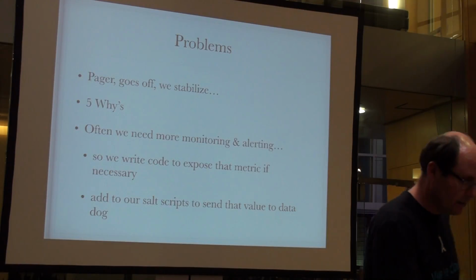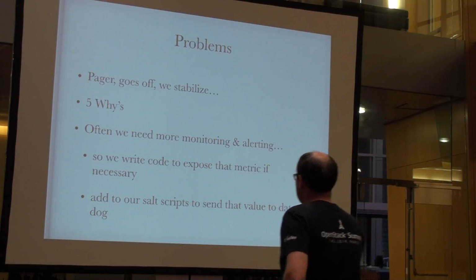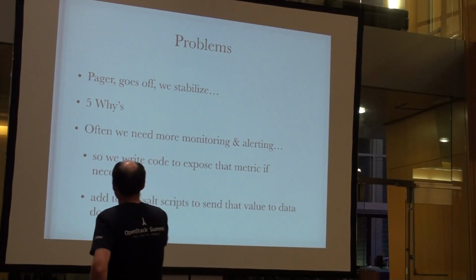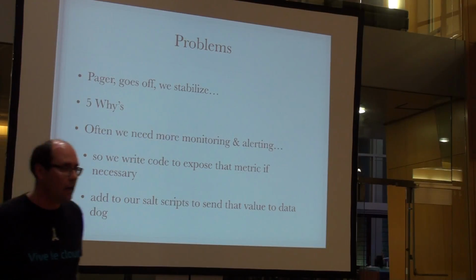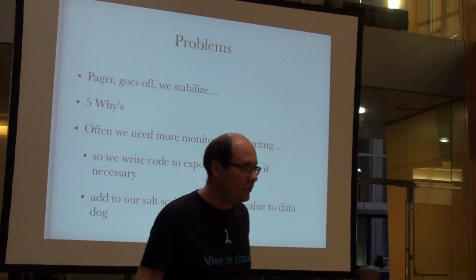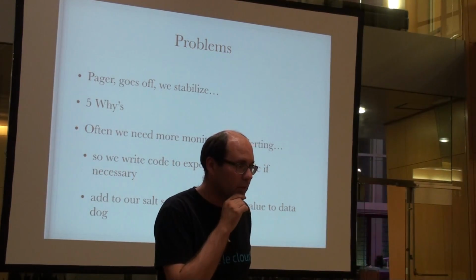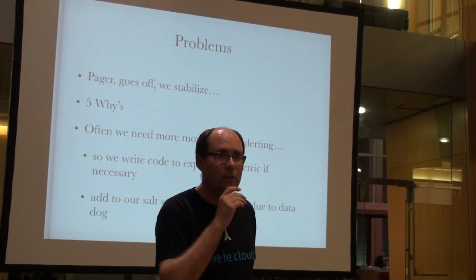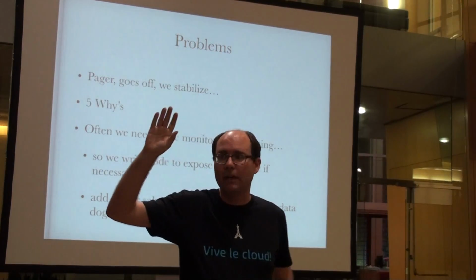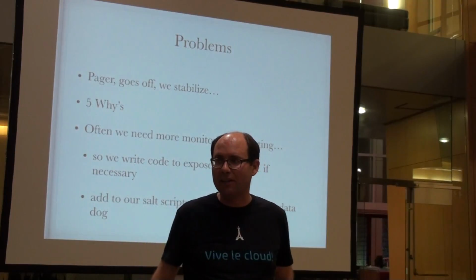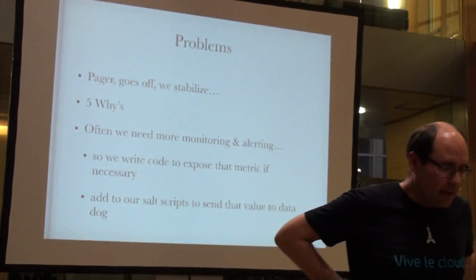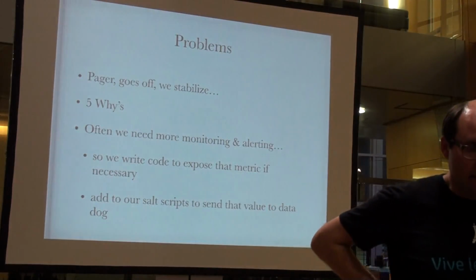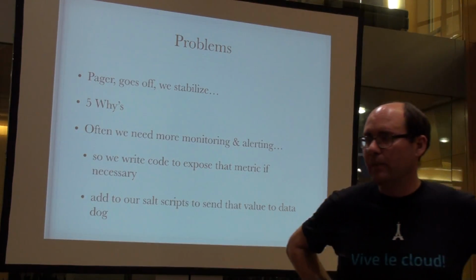Okay, then the other thing is we have outage problems, and we then try to figure out what happened. I'm familiar with the 5 whys. The 5 whys is something which comes out of lean, what Toyota is doing.